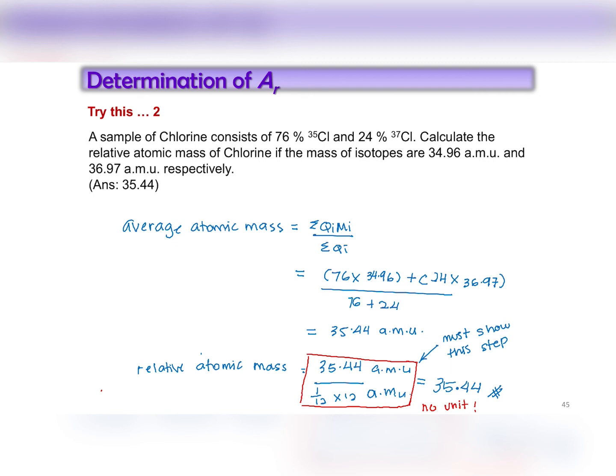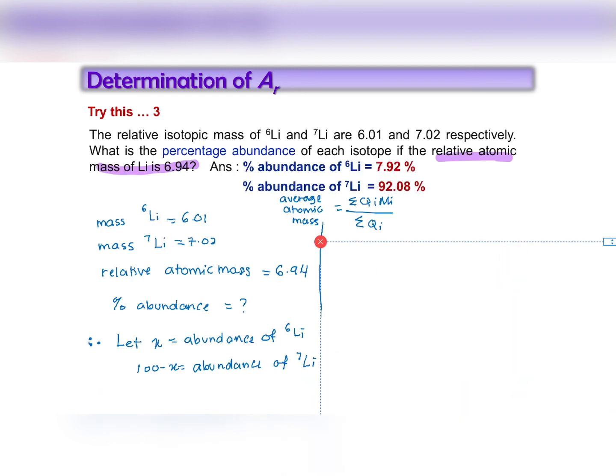But in this question, question 3, you are given this, but you want to find the Ki for each isotope. So it means you have to work in reverse. Okay, back to this question. Write all the information that you have.